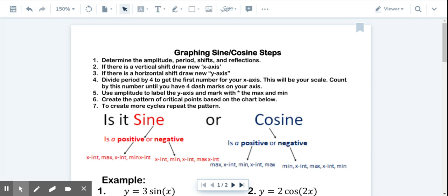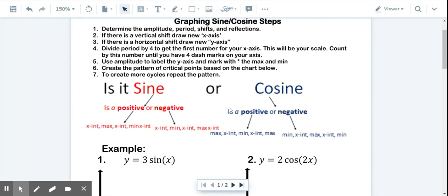Count by this number until you have 4 dash marks on your axis. Step 5, you use the amplitude to label your y-axis, and you're going to mark it with an asterisk. When you don't have a shift up or down, this step isn't as important, but just getting used to that makes it a little bit easier. And then create the pattern of critical points based on the chart below.